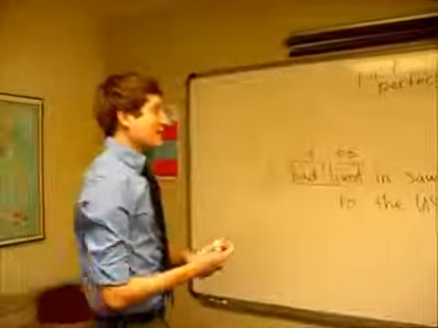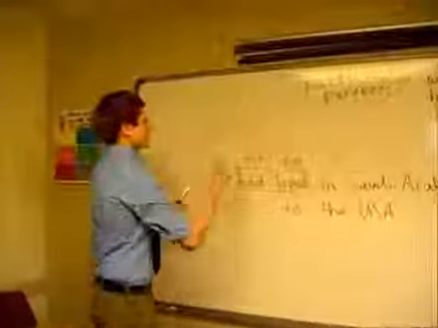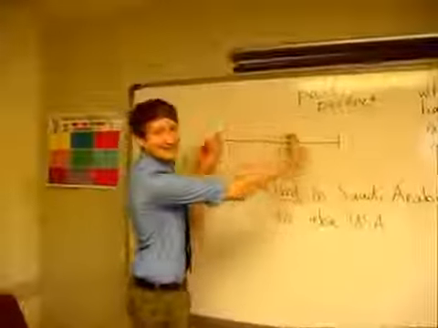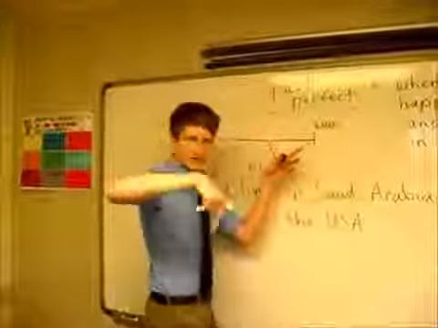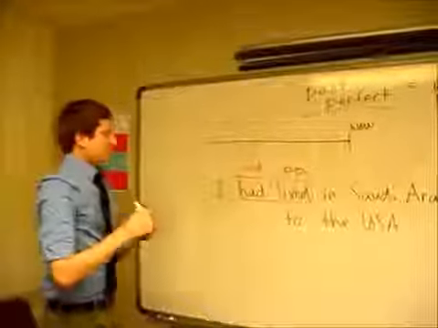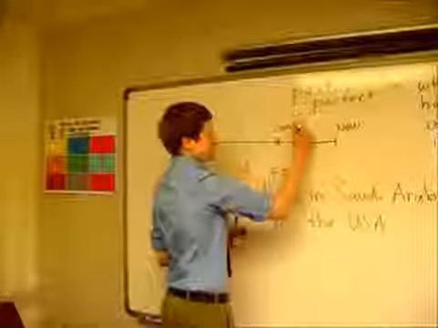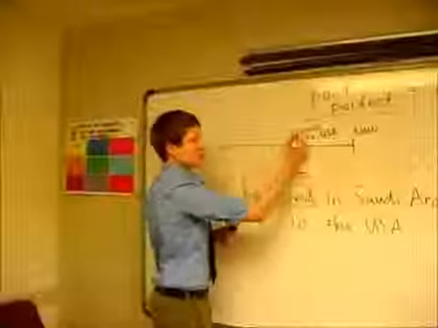If you draw a timeline for this sentence, it might look like this. Here is time. This is now, right now. This is the past. And we have two events in the past. So here's one: this is came. Came to the USA, simple past.